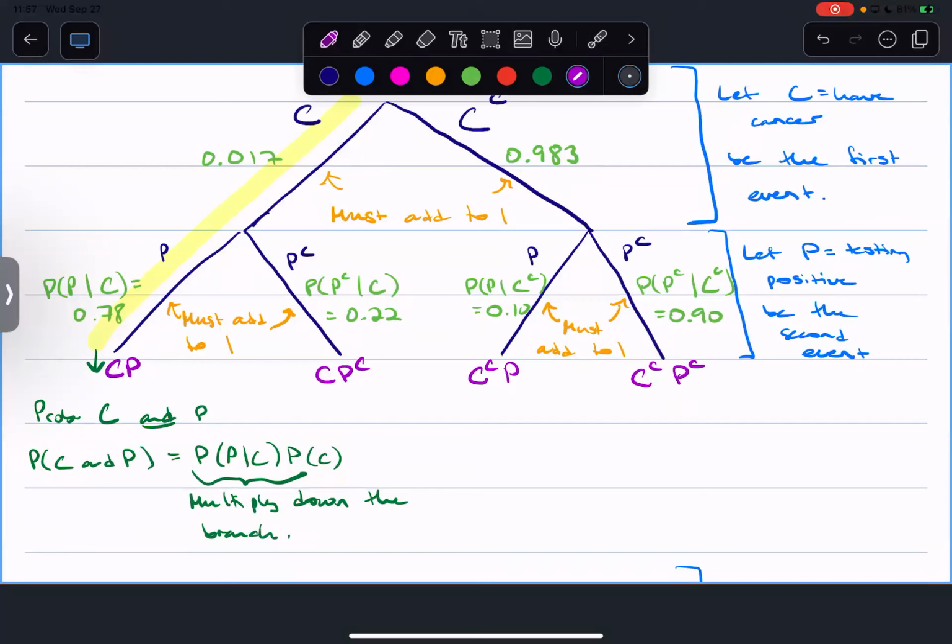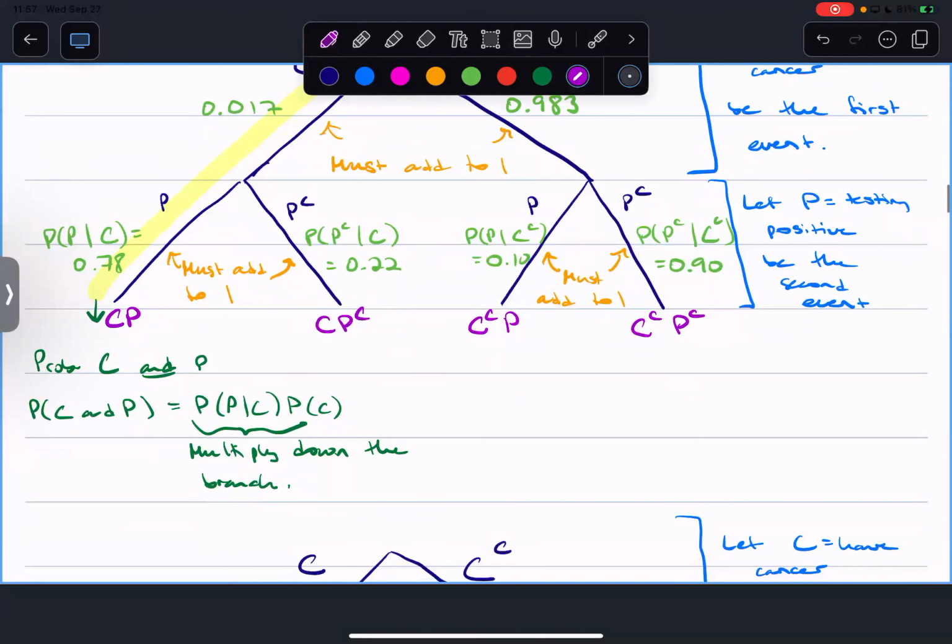Now, if I multiply down, and I do have a Martha Stewart version here where it's already pre-baked, if I can read it, 0.017 times 0.78, I get 0.0133. 0.017 times 0.22 is 0.0037.